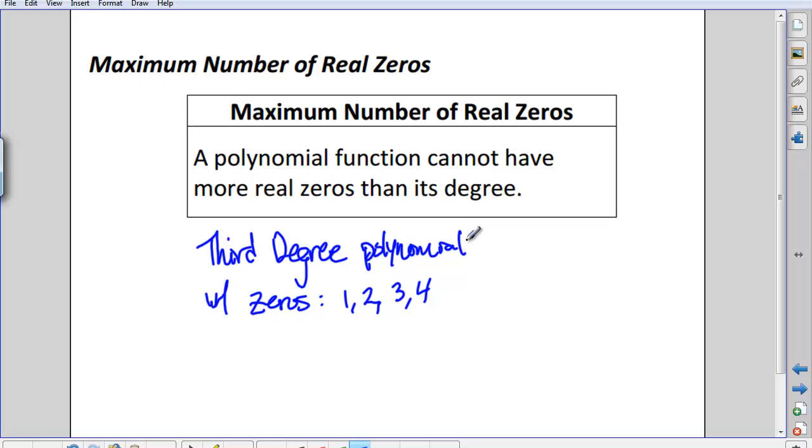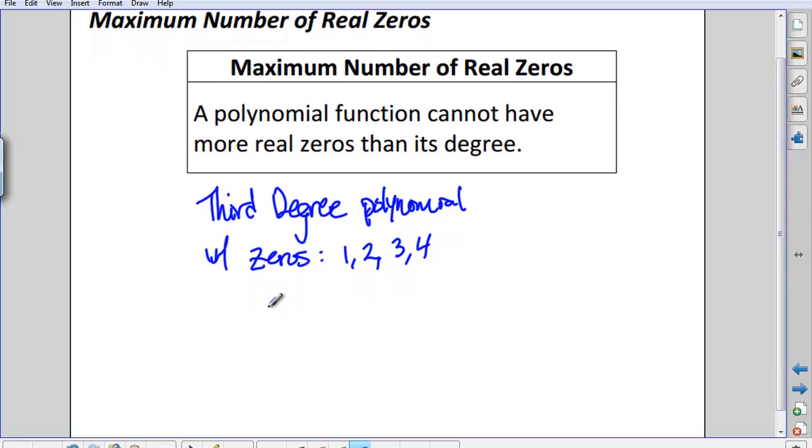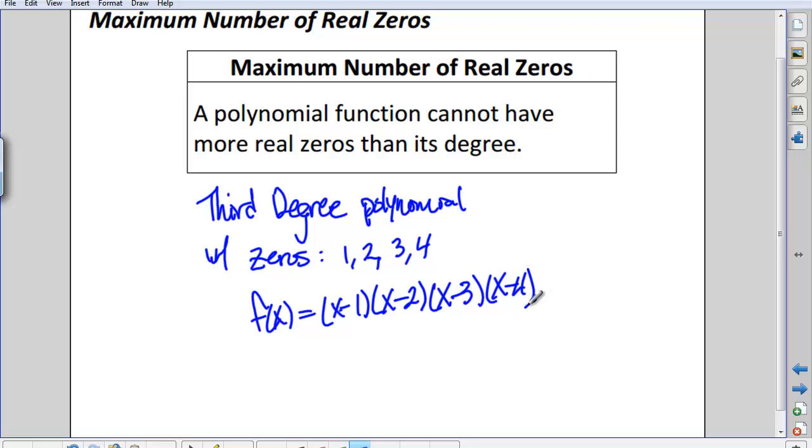Can we do that? Is that possible? What would that polynomial look like if we were to write it out? Okay, if we have 1, 2, 3, and 4 for zeros, don't we have x minus 1, x minus 2, x minus 3, and x minus 4 for my zeros? I'm sorry, for my factors.